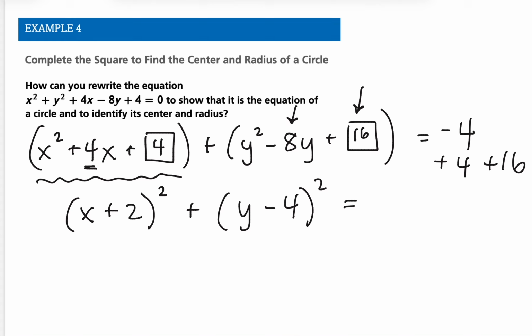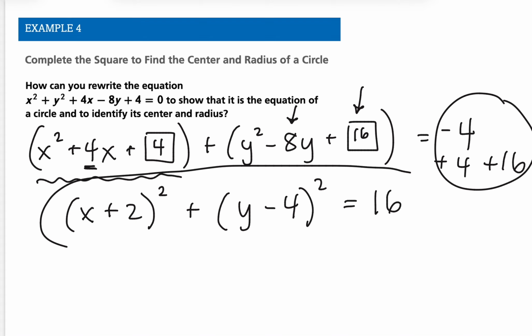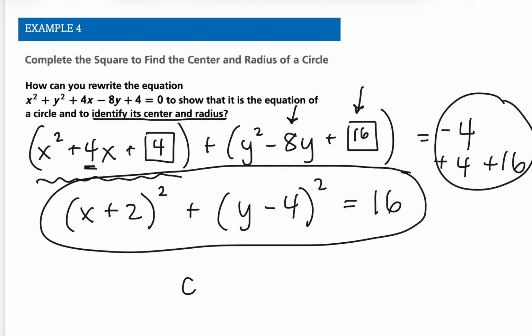And if I simplify what I've got going on over here, the 4's cancel, and I'm just left with 16. So that would be my equation. And it says to identify the center and the radius. So I know that the center of my circle would be at negative 2, 4. And my radius would be the square root of 16, which is just 4.